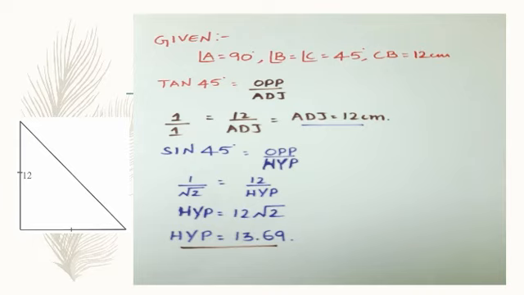If you cross multiply, hypotenuse is equal to 12 into root 2. The root 2 value is 1.414. So if you multiply by 12, you get 16.97 centimeter. The hypotenuse side is 16.97 centimeter.